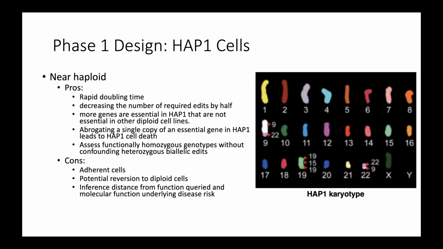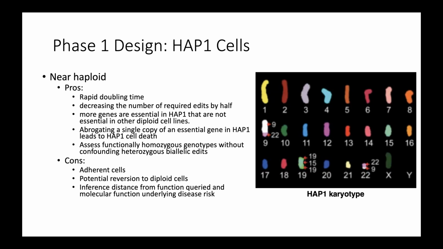Further, there is an inference distance from the function queried and the molecular function underlying disease risk. So for example, the crux of assessing a gene by SGE in HAP1 is that it needs to be essential. However, this essentiality cell viability phenotype is not necessarily the most inline or best mechanism or best phenotype for assessing every possible gene.